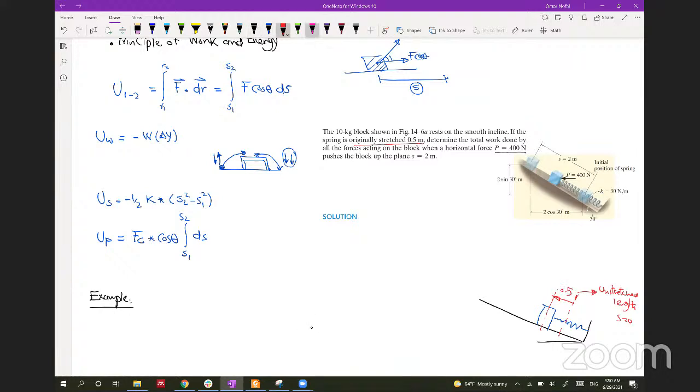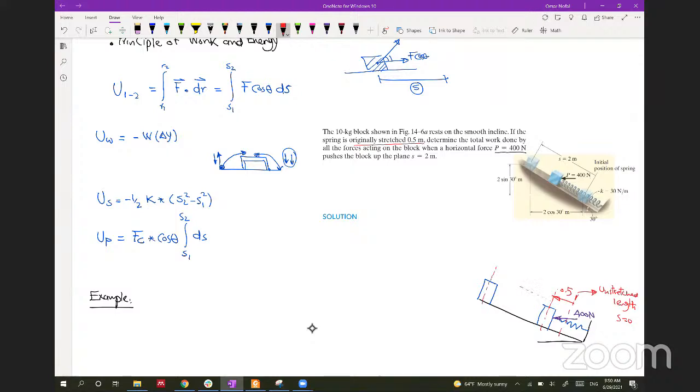All right, and then it says that we have a horizontal force, this one, which is 400 Newton. We're able to push this block up to get here, and the distance is 2 meters.